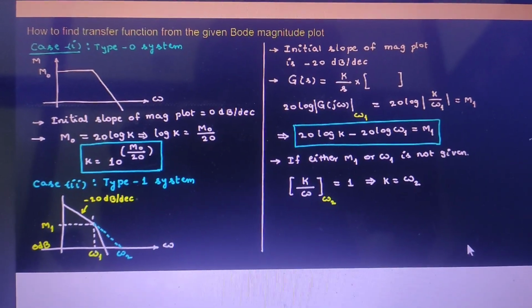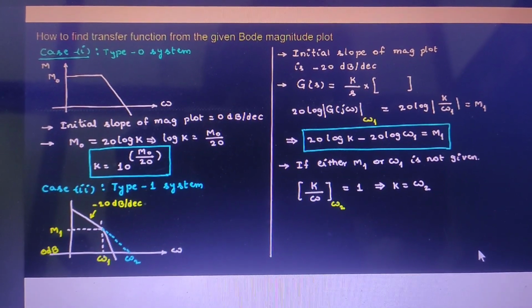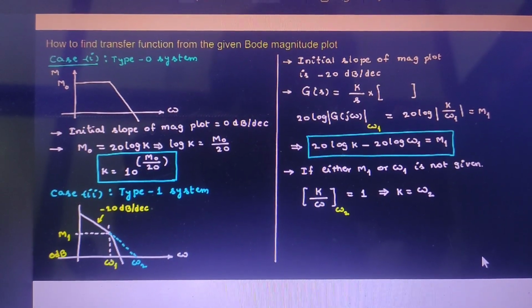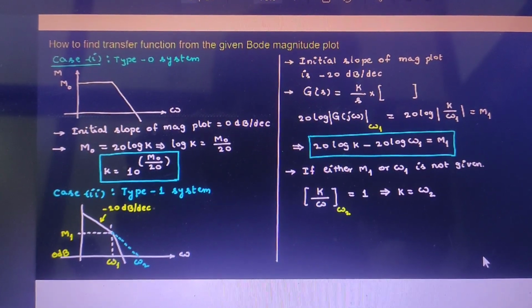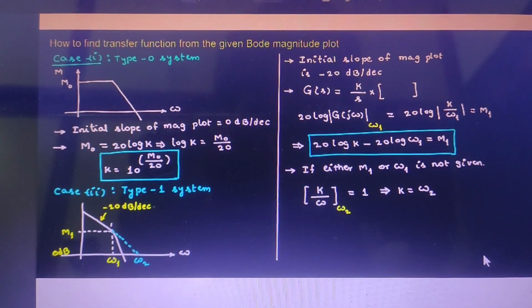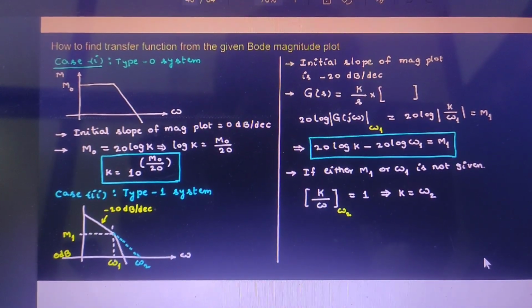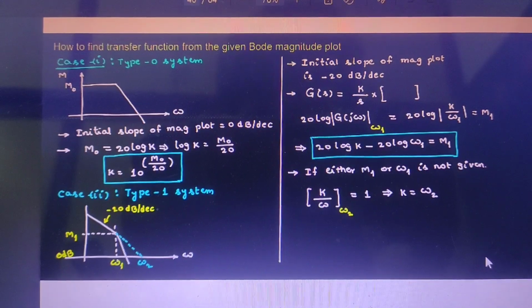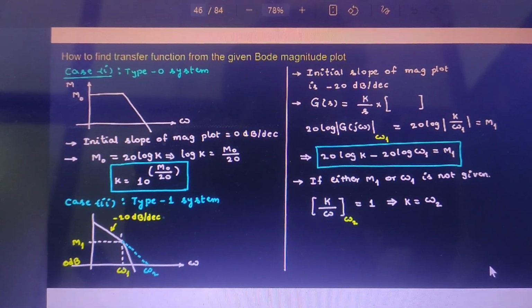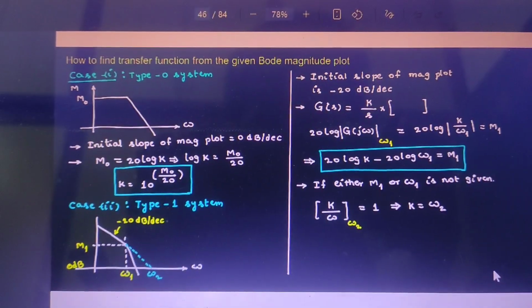How to find the transfer function from the given Bode plot, magnitude plot? If the initial slope is 0, then it is a type 0 system. K is 10 power m0 by 20, where m0 is the magnitude of the type 0 system.